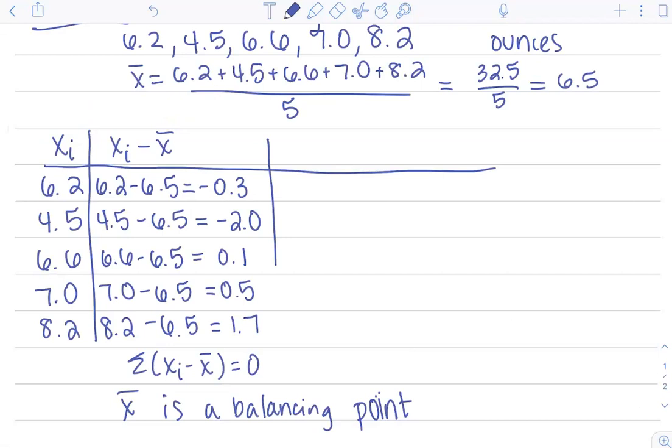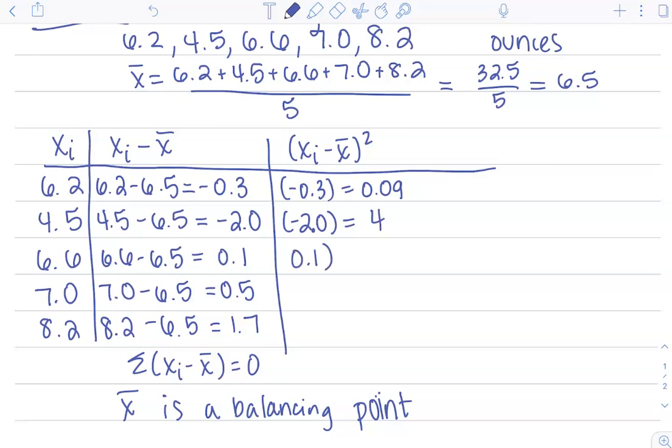Now I'm going to make a column for all of these xi minus x bar squared. So we'll square negative 0.3. And whenever you square a negative, you always are going to get a positive. So really, you can leave off the negatives here when you're squaring, because you do have to put them in parentheses. You do want everything to be positive.